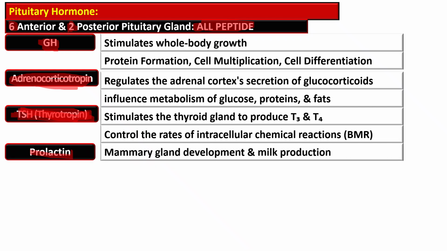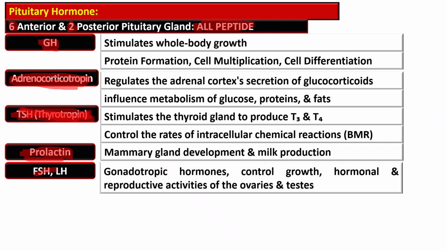Prolactin is another hormone from the anterior pituitary, responsible for development of the mammary gland and production of milk. Follicle stimulating hormone and luteinizing hormone are gonadotropic hormones. They control growth, hormonal and reproductive activities of the ovaries and testes.